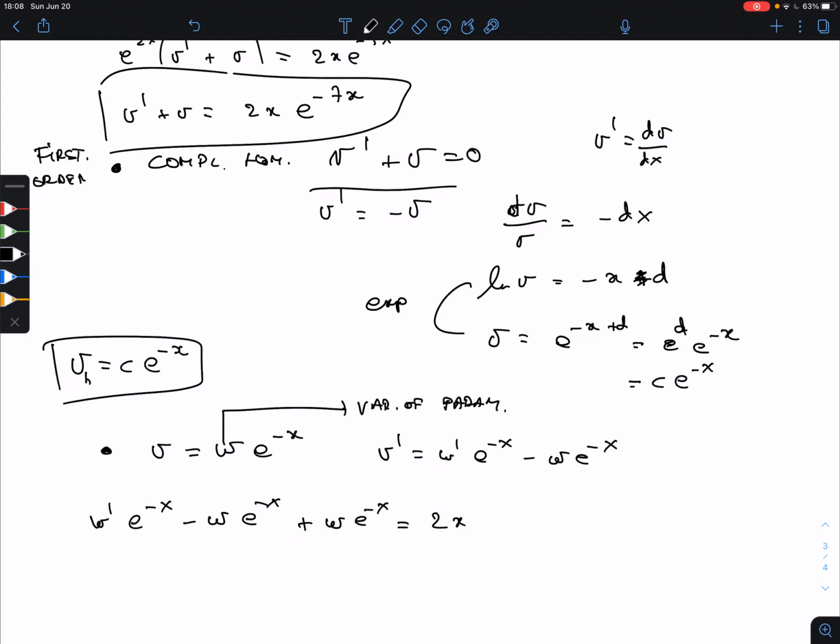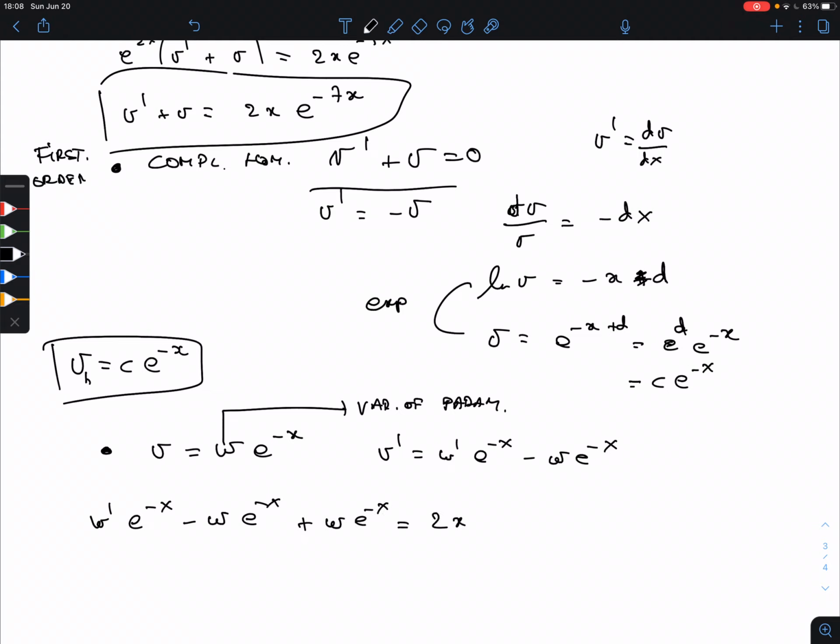The 2 and the minus 1/6 become a minus 1/3, and bringing that out, the minus becomes a plus 1/3. So this is equal to minus 1/3 x e to the minus 6x minus 1/18 e to the minus 6x. I hope you see where the 18 comes from: it's 3 over negative 6.